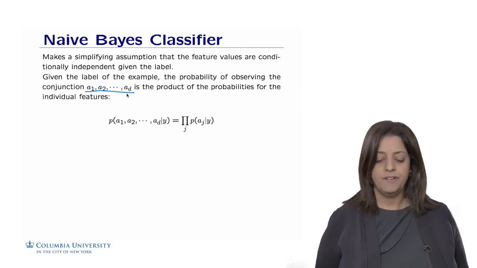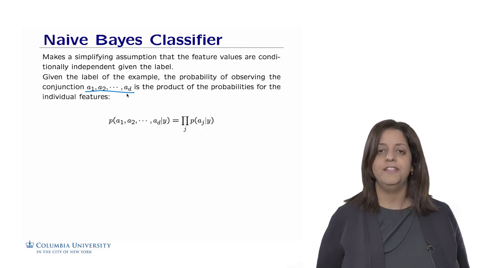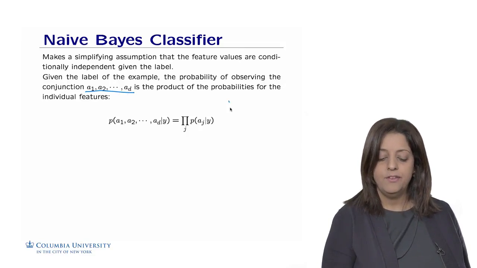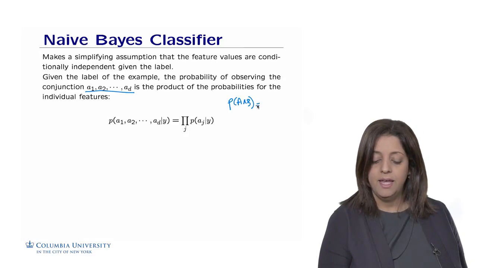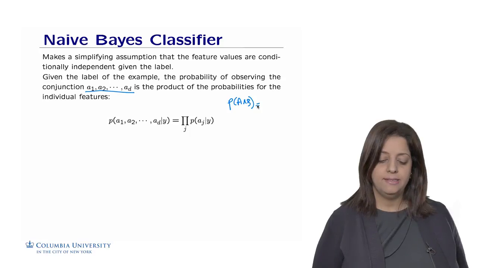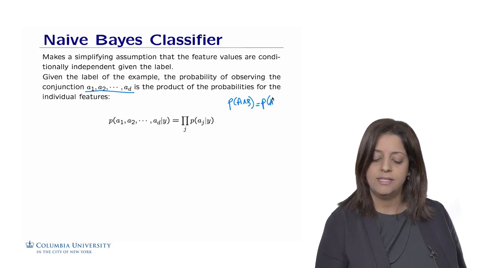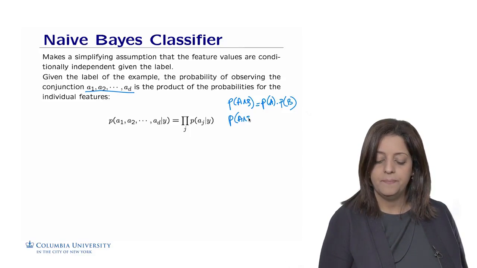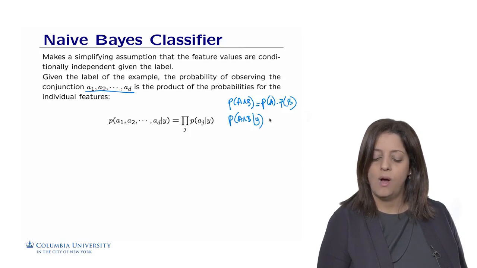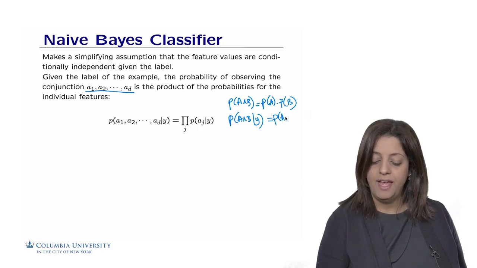So where is this coming from? This is coming from the definition of independence in probability. If you have an event A and an event B, and assume A and B are independent, then the probability of the conjunction is simply the product of the probabilities, right? So if we have P of A and B given some condition Y, this would be the probability of A given Y times the probability of B given Y, right?